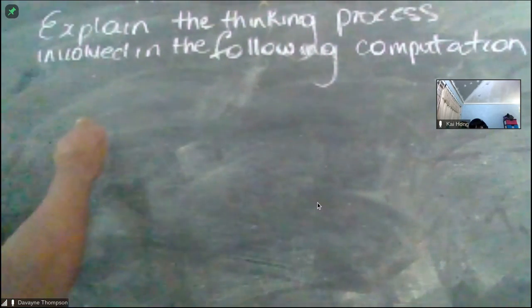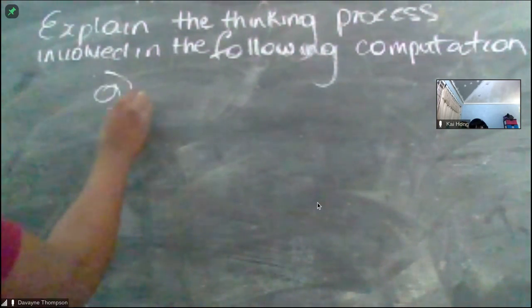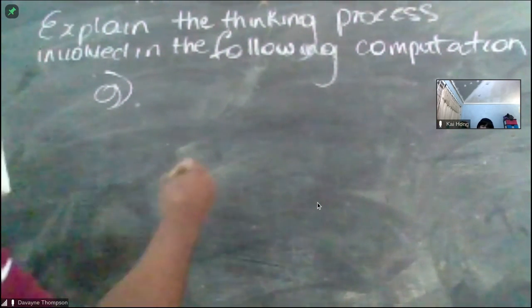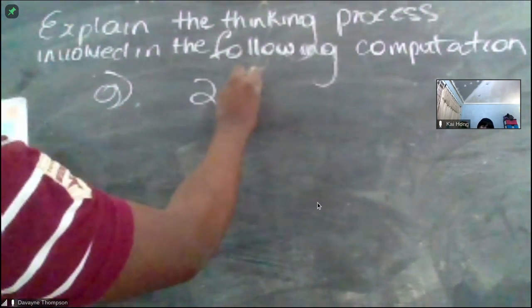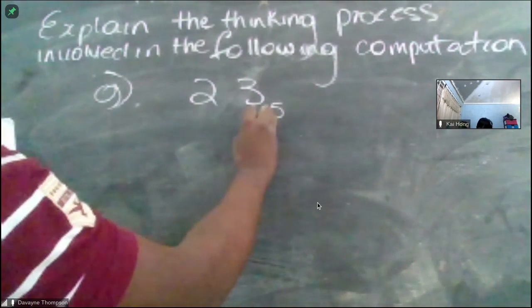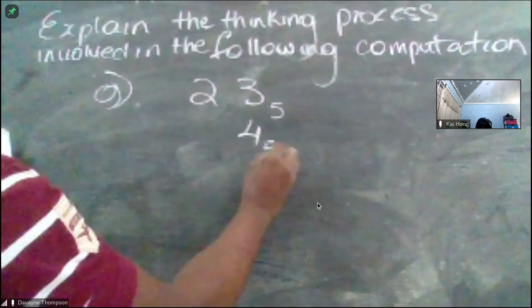What's the first one? Question A. It says we have 2, 3, base 5, and we have 4, base 5.